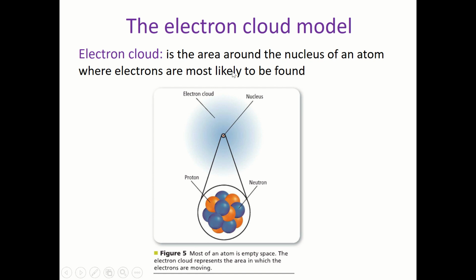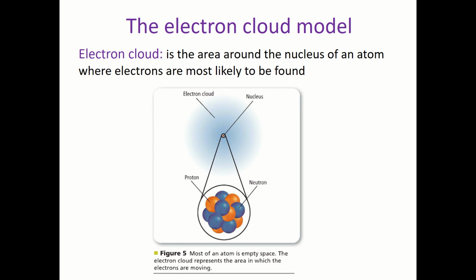It says that the area around the nucleus of an atom is where electrons are most likely to be found. So if you try to find the electron anywhere around the nucleus, these likely places are in the form of a cloud where electrons can exist anywhere around the nucleus.